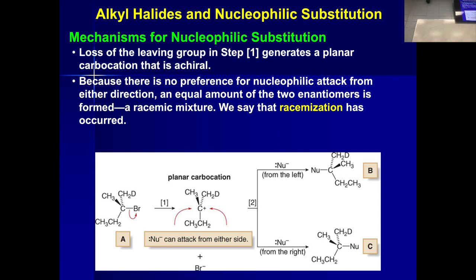What are the odds of it coming from the front or the back? 50-50. Remember, these things don't have brains. They don't pick a side, right? It's just statistical mechanics. Well, it can attack from the front, it can attack from the back. There's no reason to prefer one over the other, so it ends up being 50-50, okay?